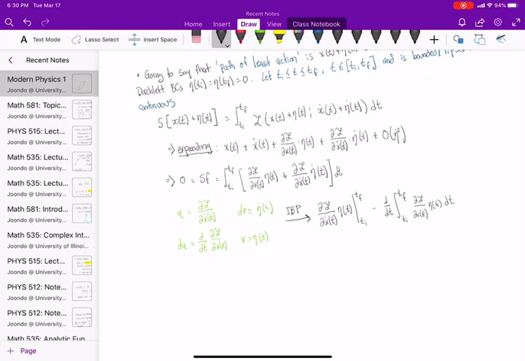Okay? You can try the calculations yourself, because plugging in eta of tf minus eta of ti, that's just going to disappear.